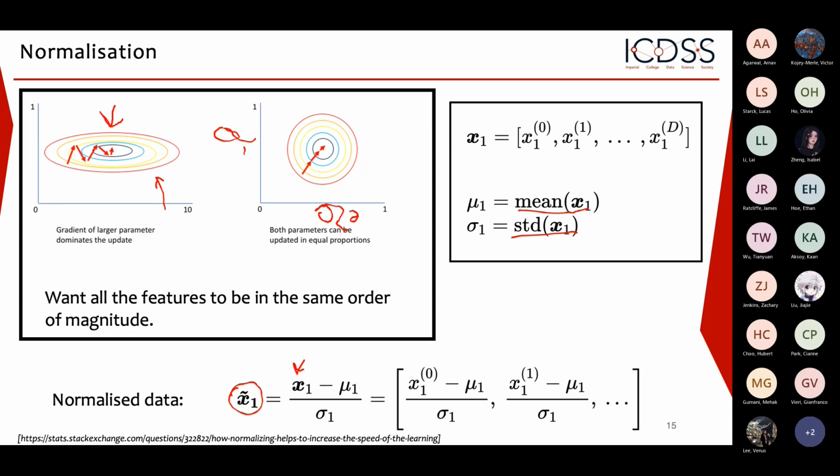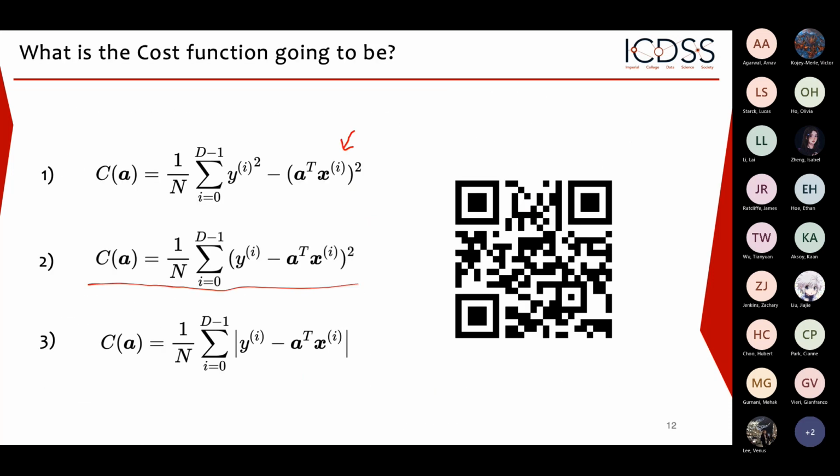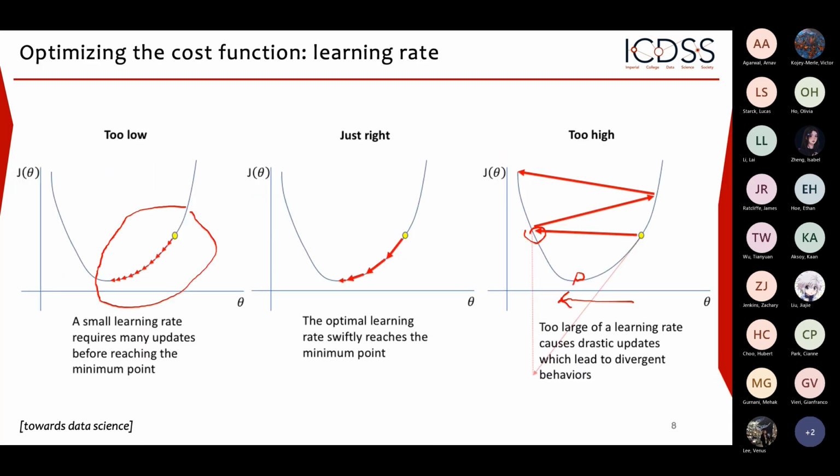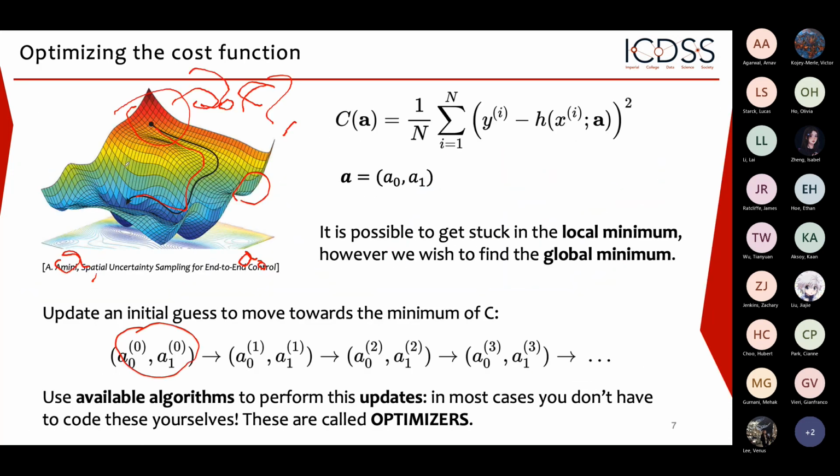Yes, indeed, it's a good idea. I think you meant, instead of starting from one place and trying to get down, why not try many random possible initial values of A0 and A1?